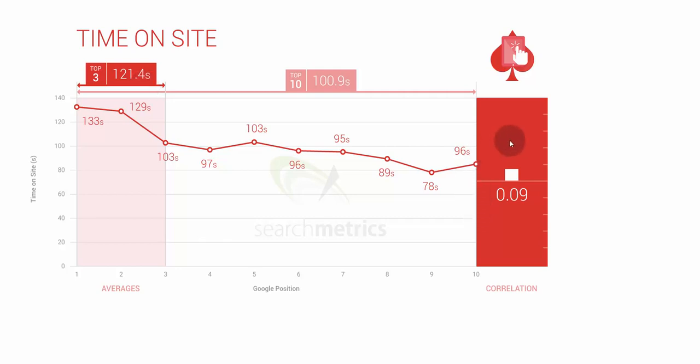Here you can also see there is a correlation of 0.09, or we can also say 9%, which denotes that the difference in time on site from the first search result to another search result is 9% significant.